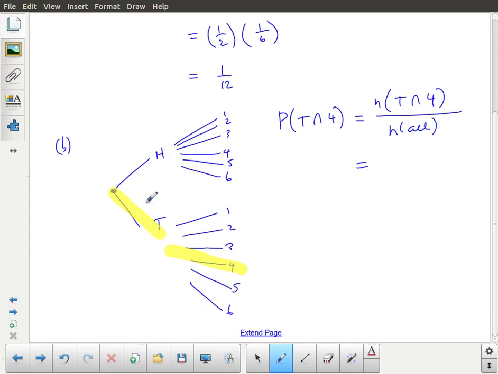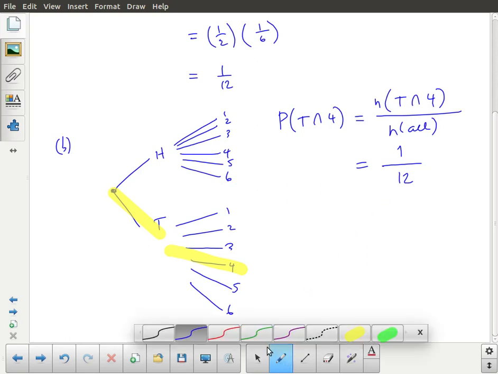The number of ways to get tails and 4, there's actually only one pathway that leads to this result, so that's a 1. And then the total number is there are 6 pathways here, 6 pathways here, and of course we end up with the same answer, which is 1 out of 12.